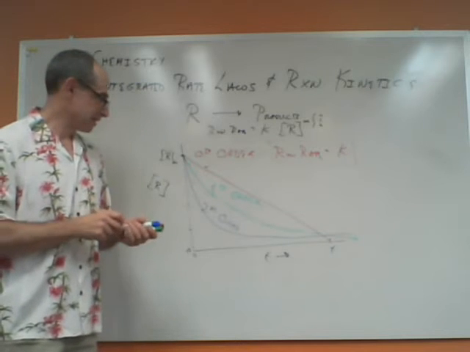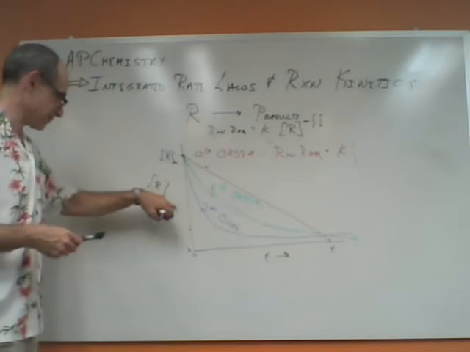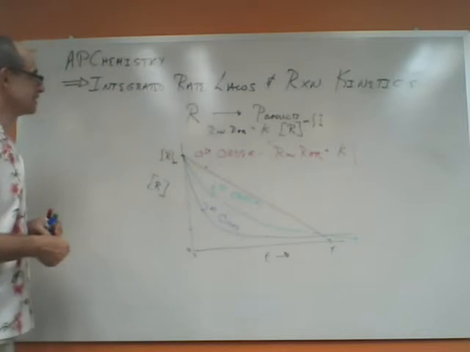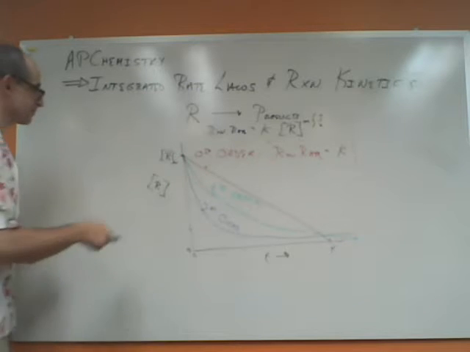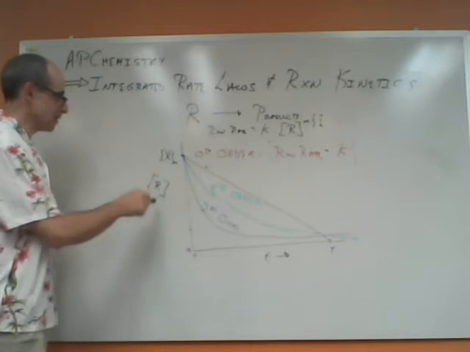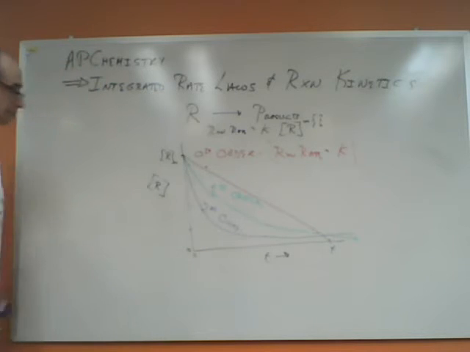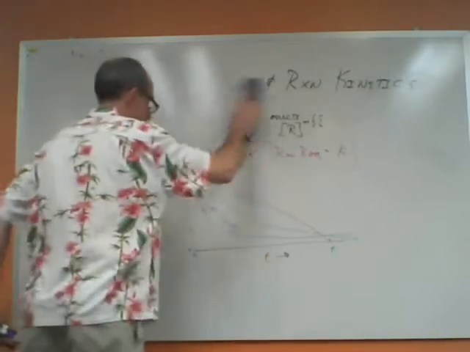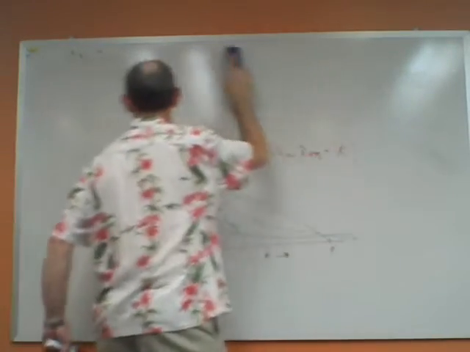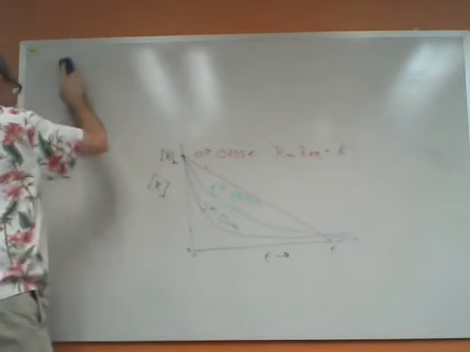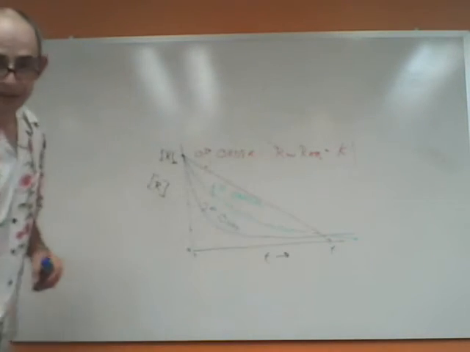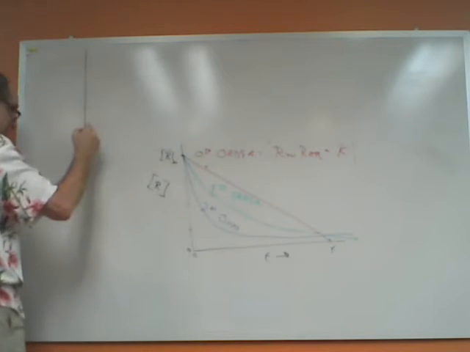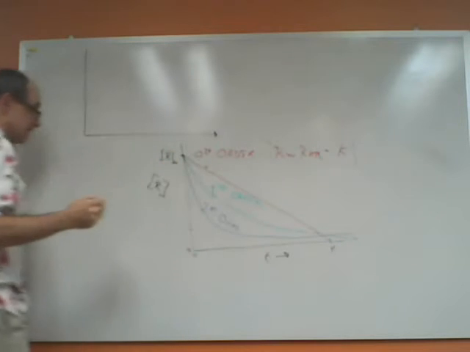Part of the AP Chem curriculum is to take these graphs and linearize them. And what that means is generate companion graphs where instead of graphing just the concentration of R versus time, we'll create two other graphs. And I'm going to try to leave this here and make a little room. And the calculus students out there might be able to do this analysis rigorously.